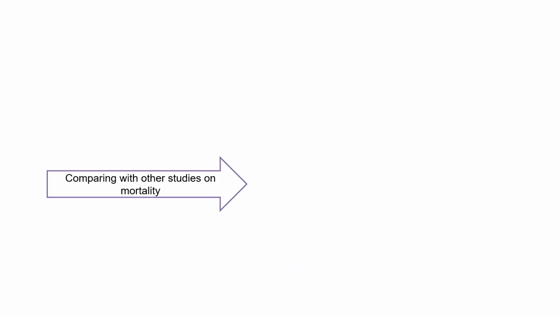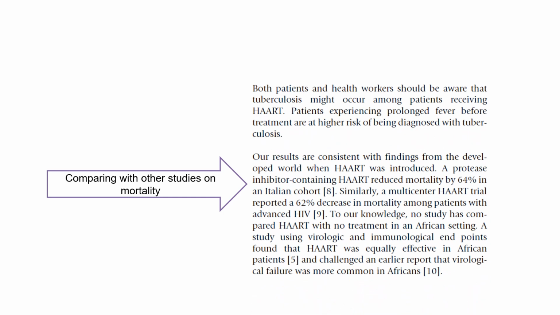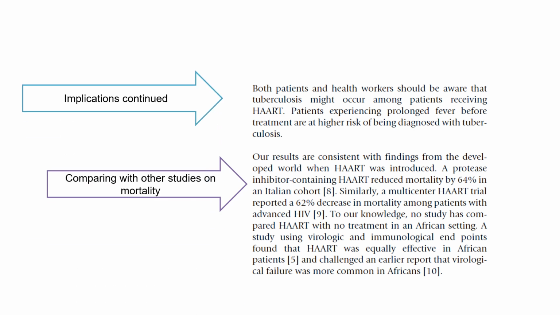And then we went into comparing with other studies on mortality. So we say that our results are consistent with other findings, both in terms of reducing mortality and TB incidence.